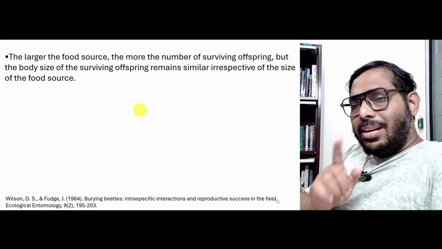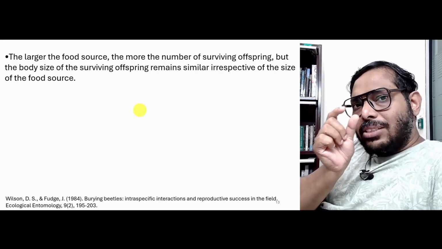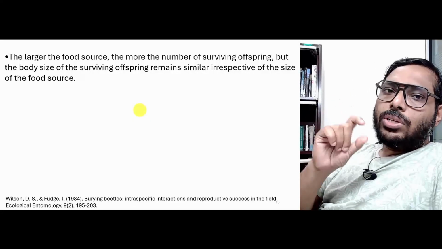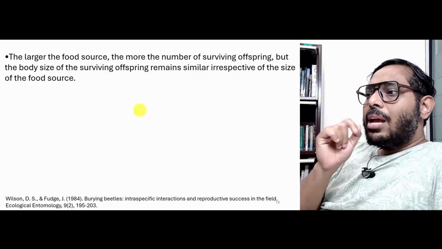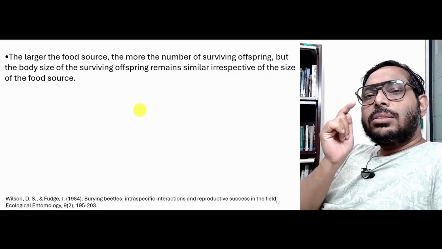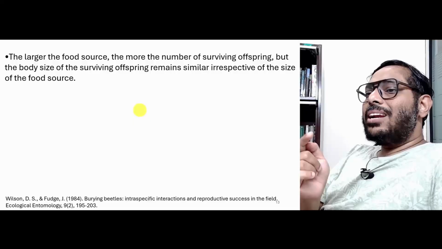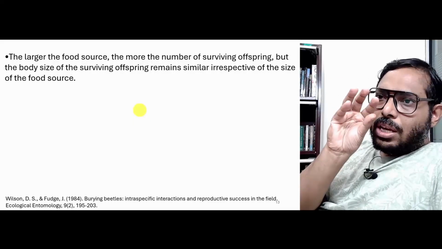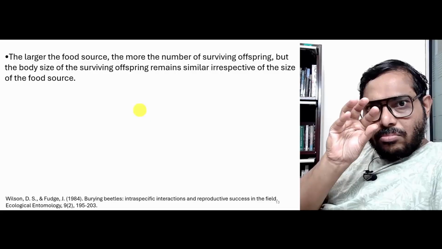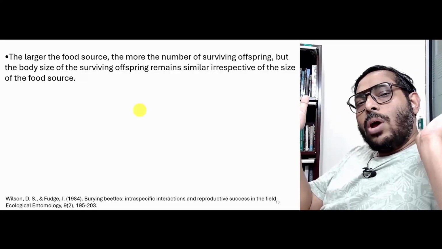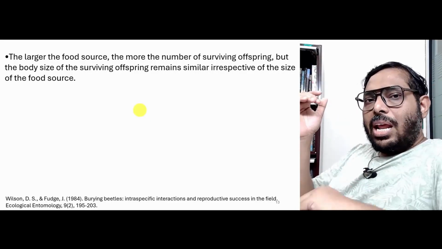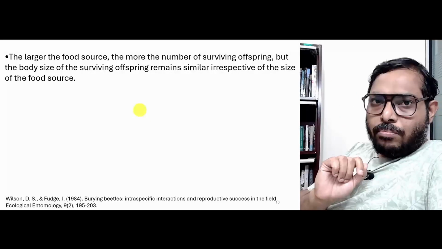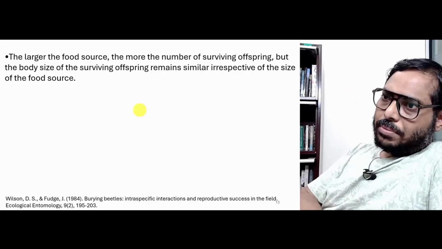But very interestingly, the size of the surviving offspring, which is a very good measure of how much food they are getting per capita, remains exactly the same irrespective of the size of the food source. In other words, even if you have a small mouse like this, or a large squirrel like this, the surviving babies of this beetle will always be of the same size.